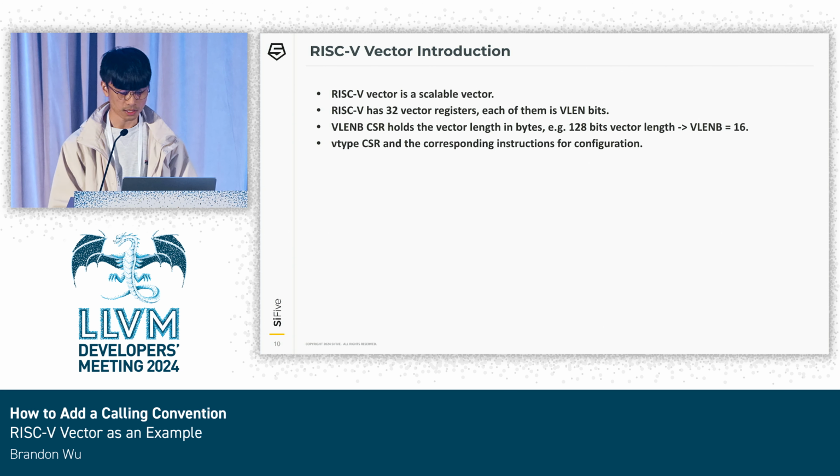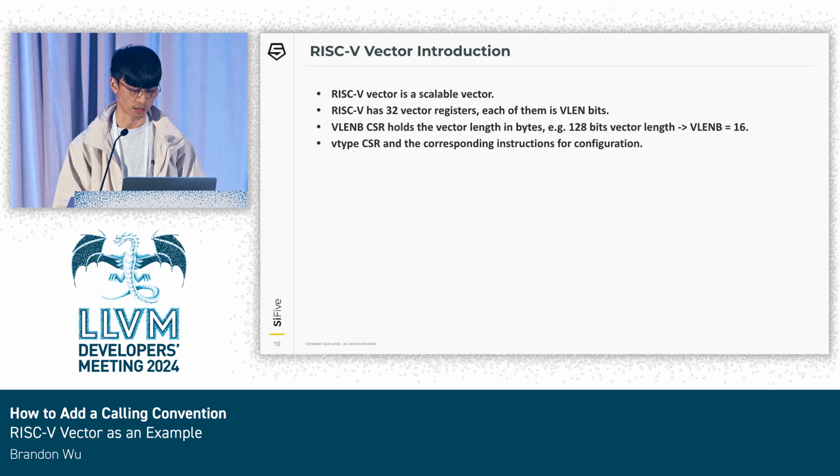So before we dive into the stack layout, let's talk more background about RISC-V Vector. RISC-V Vector is a scalable vector and its length is defined by each hardware. In RISC-V, there are 32 vector registers, which is the same as Intel's AVX and ARM's SVE. Each of them is VLEN bits.